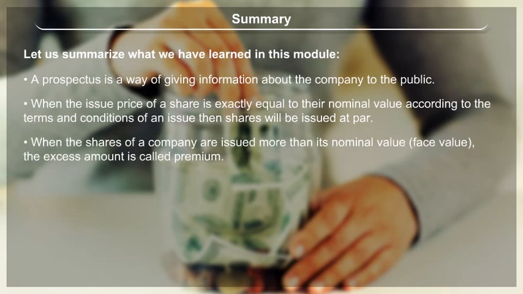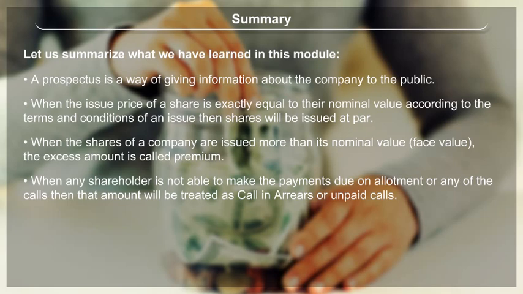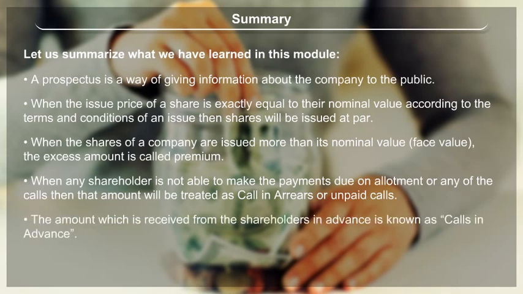When the shares of a company are issued at more than their nominal value, face value, the excess amount is called premium. When any shareholder is not able to make the payments due on allotment or any of the calls, then that amount will be treated as calls in arrears or unpaid calls. The amount which is received from the shareholders in advance is known as calls in advance.